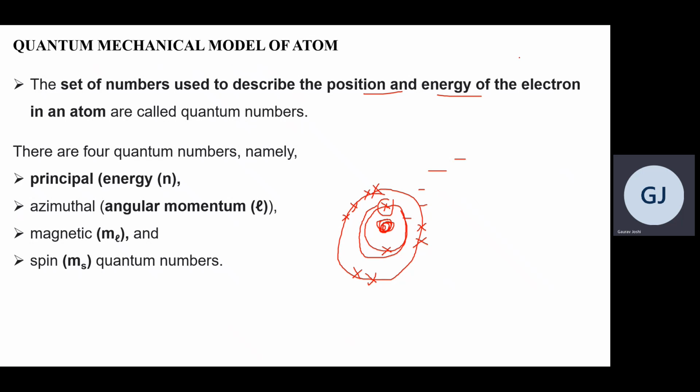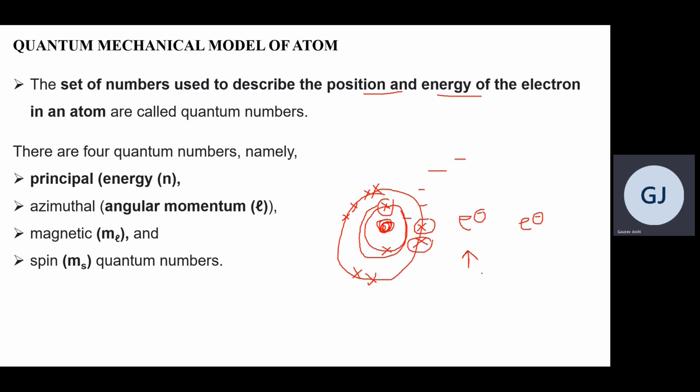Now the second thing: if I am drawing two electrons together like this, the problem is both electrons contain negative charge, so they will repel each other. We cannot put two electrons together. Therefore, to show the electronic configuration, we show the electron by an arrow.